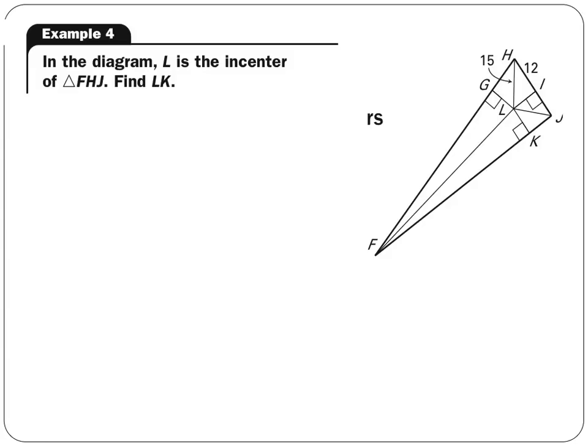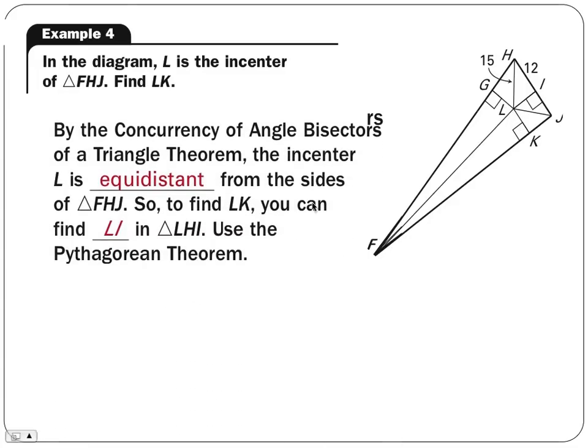If this is a right angle, then the other side also has to be a right angle. So I could use the Pythagorean theorem, and that could tell me what the length of GL is. If I know GL, then I can say, well, GL is the same as KL. And that's basically what this is saying right here.